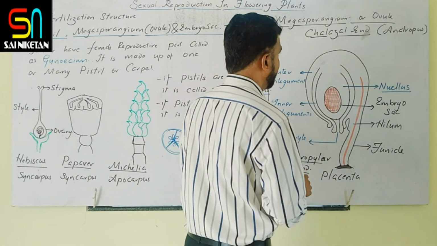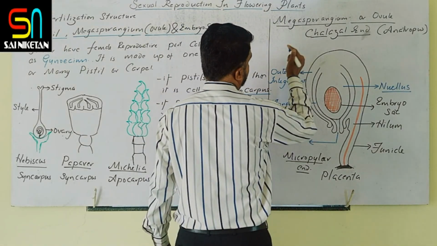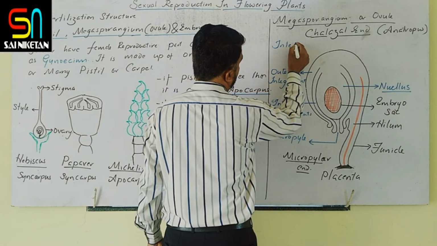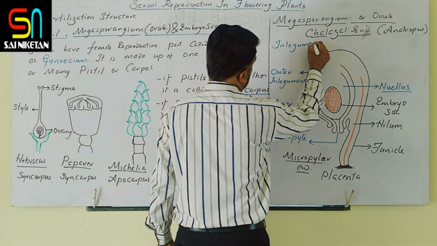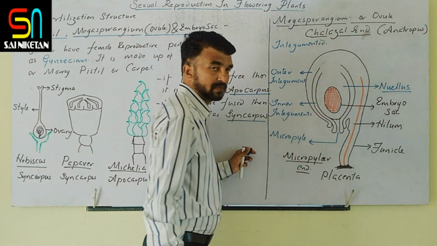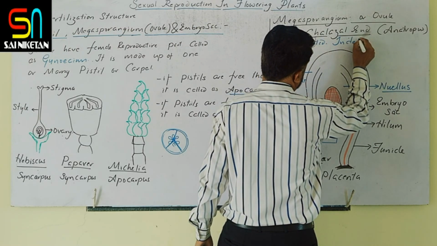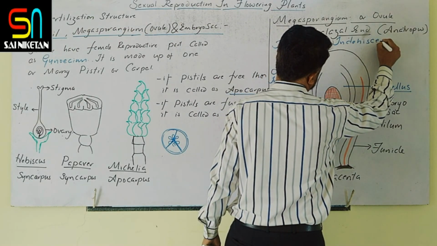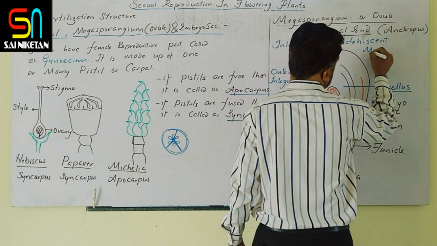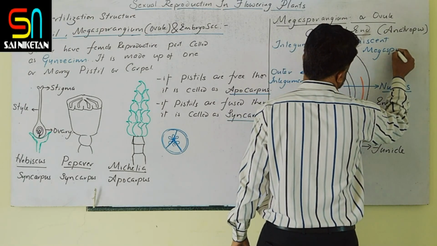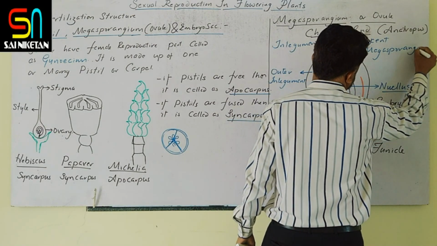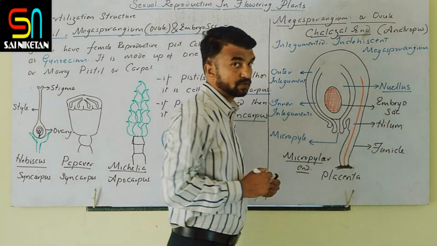So we will describe it briefly. This can be called integumented, or indehiscent megasporangia. Try to differentiate.